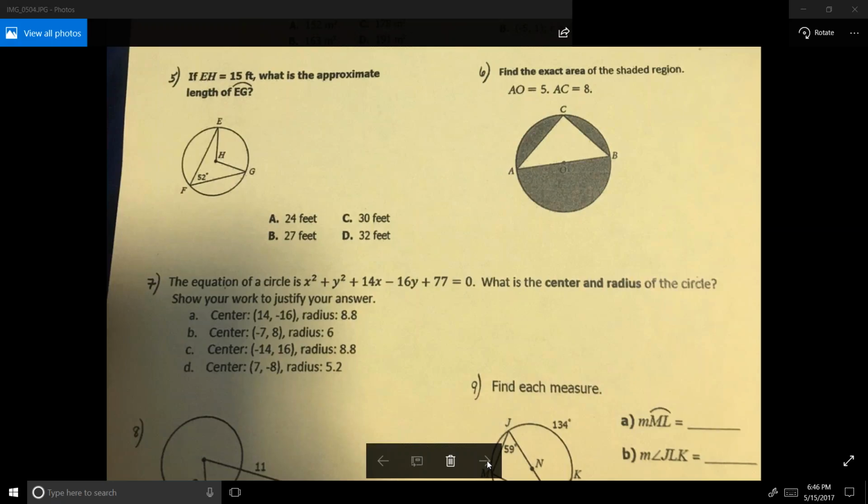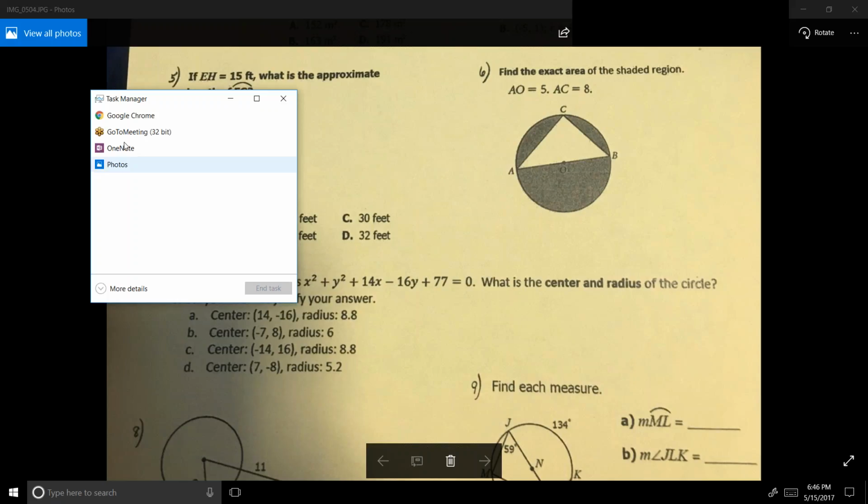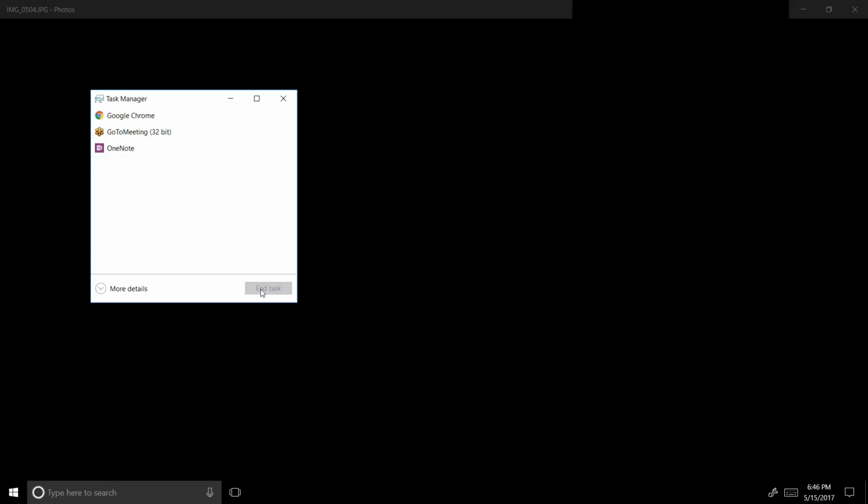Let me see what happens if I hit Control-Alt-Delete. Bring up Task Manager. See if I can get unfrozen here. Photos. Let's end that task. Trying to figure out how to solve this without having to reboot my computer. Let me close each of these out.